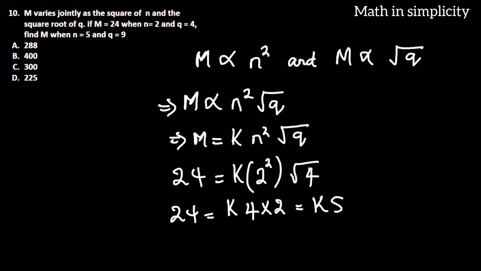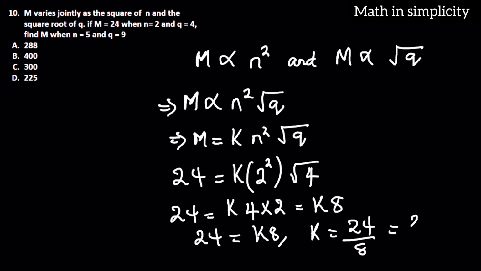So this is k. 4 times 2 is 8. So we have that 24 is equal to 8k, right? So k will be equal to, divided through by the coefficient of k, which is 8, and then k, the constant of proportionality, is 24 divided by 8 is 3. So we have our constant of proportionality as 3.